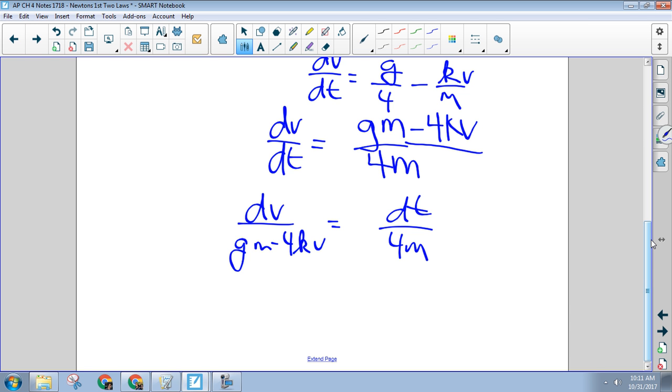It'll make your life easier. All right, so is everybody okay up to here? Yeah. And there are multiple ways you could have done this. Like Carla said, if you wanted to multiply both sides by 4m and put that over here, that works. It doesn't matter. As long as you've got your dv on the same side as your v and no v's on the dt side. Good?